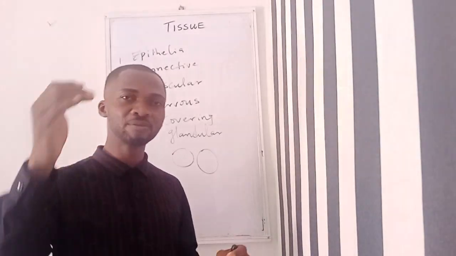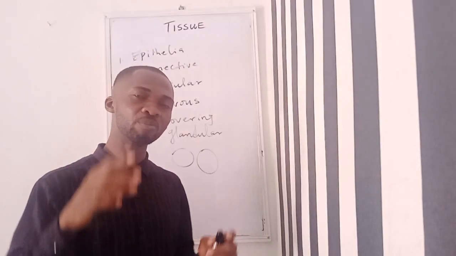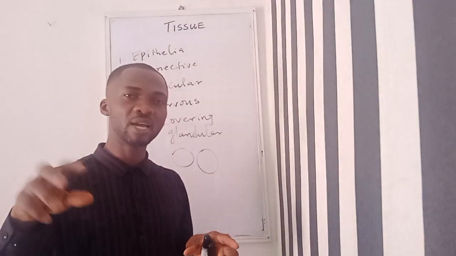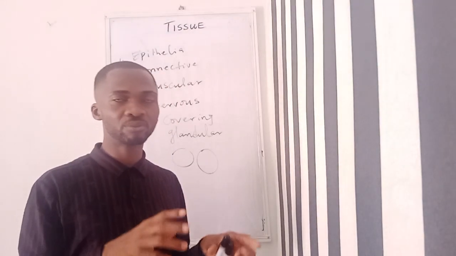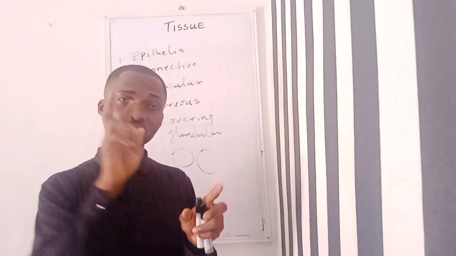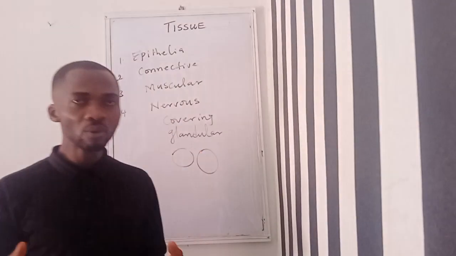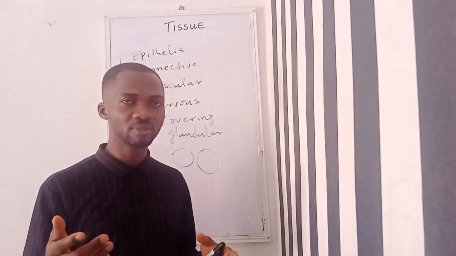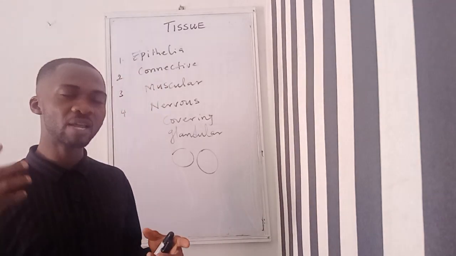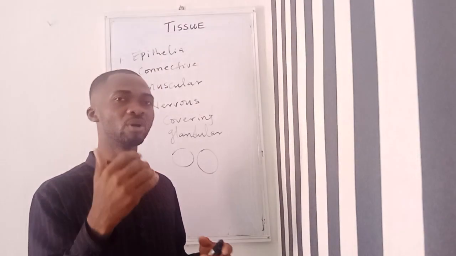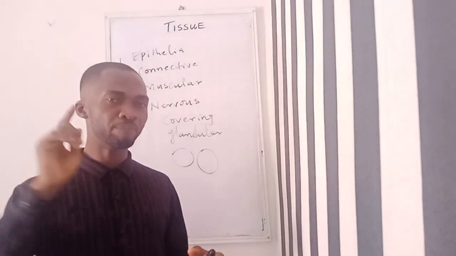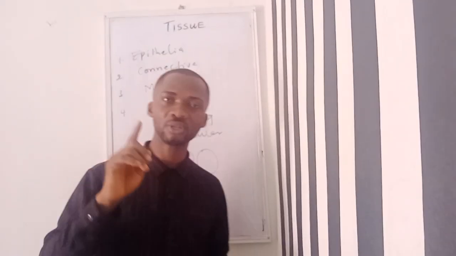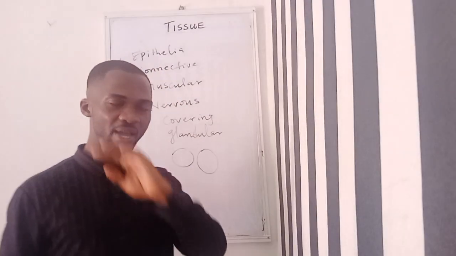We have classification based on the arrangement of the constituent cells, and we also have classification based on the shape of the constituent cells. So we're going to be picking them one after the other.